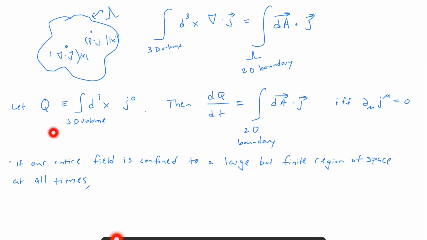So, as we mentioned, let's just say now that we have our entire field confined to a large but finite region of space, meaning our field is this thing J that we're talking about here, J1, J2, and J3 really. And let's just say that it's only confined to some region of space, and our boundary here is infinitely large, so large that it gets past wherever our field exists.